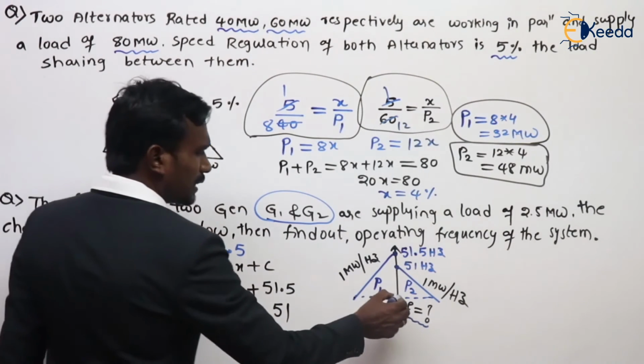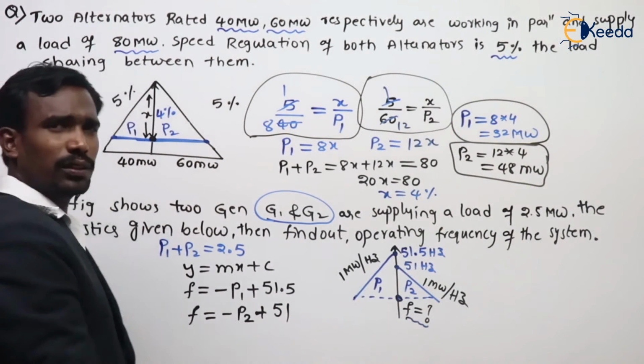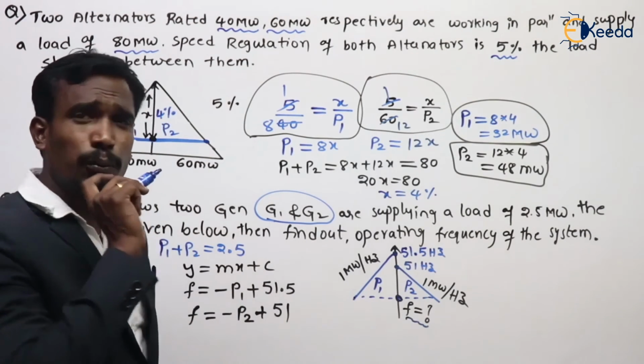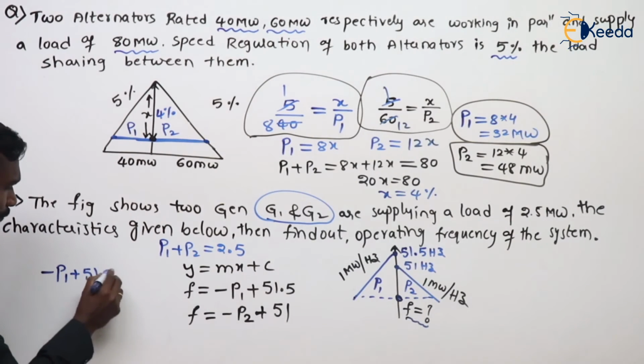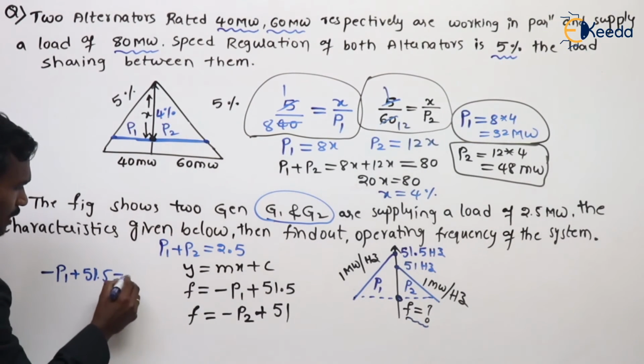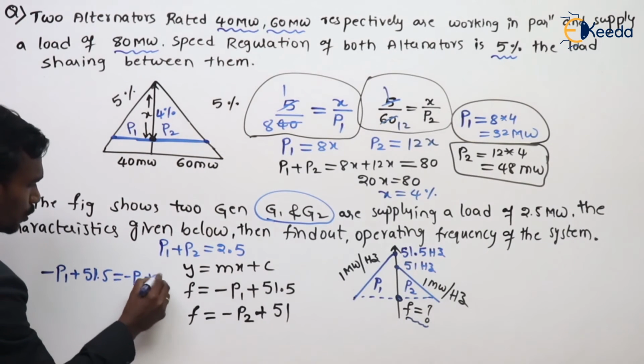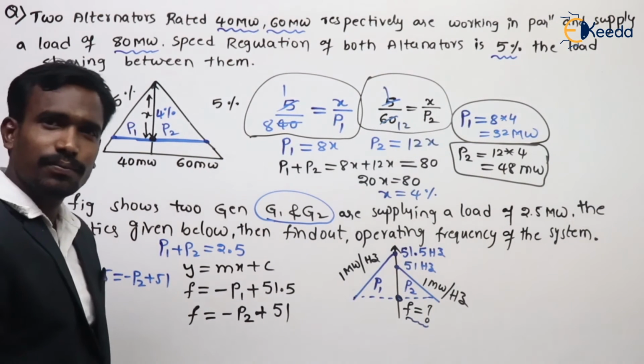Actually, this frequency is the same for both, so equate them. Minus P1 plus 51.5 is equal to minus P2 plus 51.